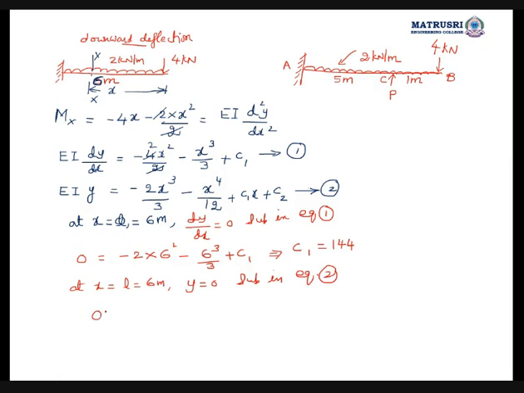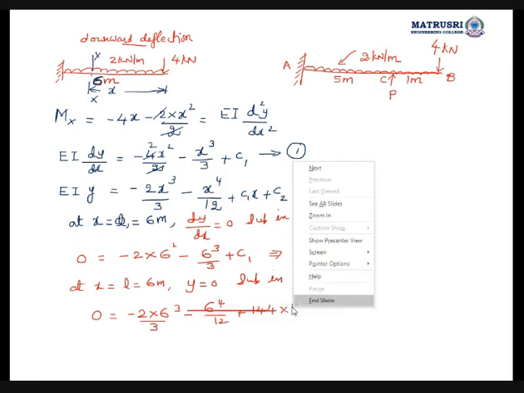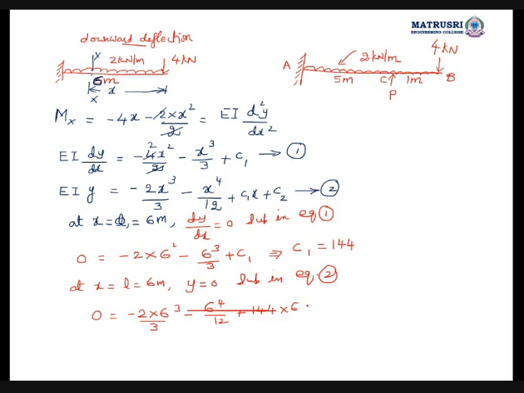This is 0 minus 2 into 6 cube by 3 minus 6 to the power of 4 by 12 plus c1 is 144 into x is how much? X is 6 plus c2. If you do this substitution, you'll get c2 is equal to 612.